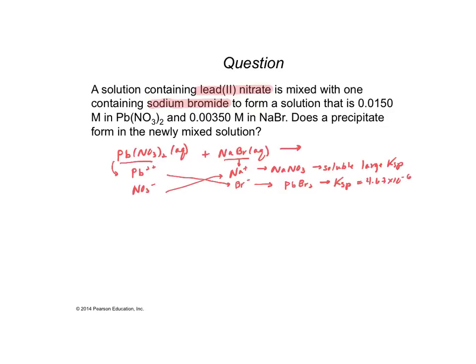Right, so now the question is, when I combine these two guys and I give them the following concentrations, so they're going to form a solution that is 0.015 molar lead nitrate and 0.0035 molar sodium bromide, do we actually get a precipitate formed? Okay. And so now what we're going to be looking at is Q relative to what K is for lead bromide.